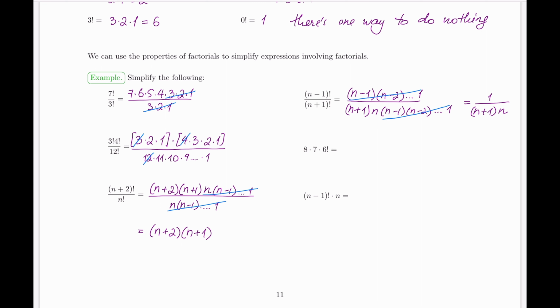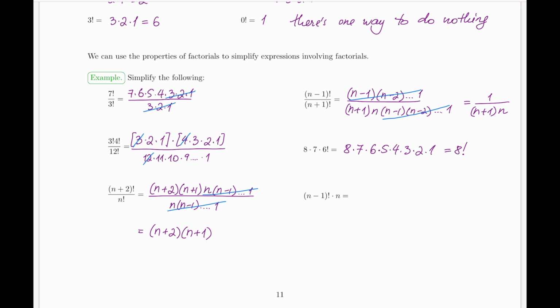Now, again, we're going to come back to this material later in the course, but this practice at this point in time is also useful. What can I do here to simplify this? I have 8 times 7 times 6 factorial. So I have 8 times 7, and then 6 factorial, 6, 5, 4, 3, 2, 1. Well, I notice that I have numbers from 8 all the way down to 1, so this, in fact, is 8 factorial. Make sense?